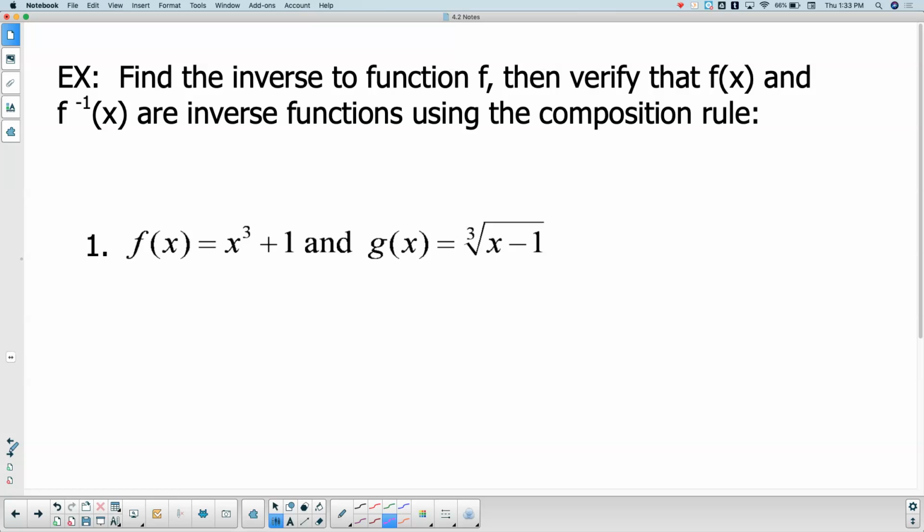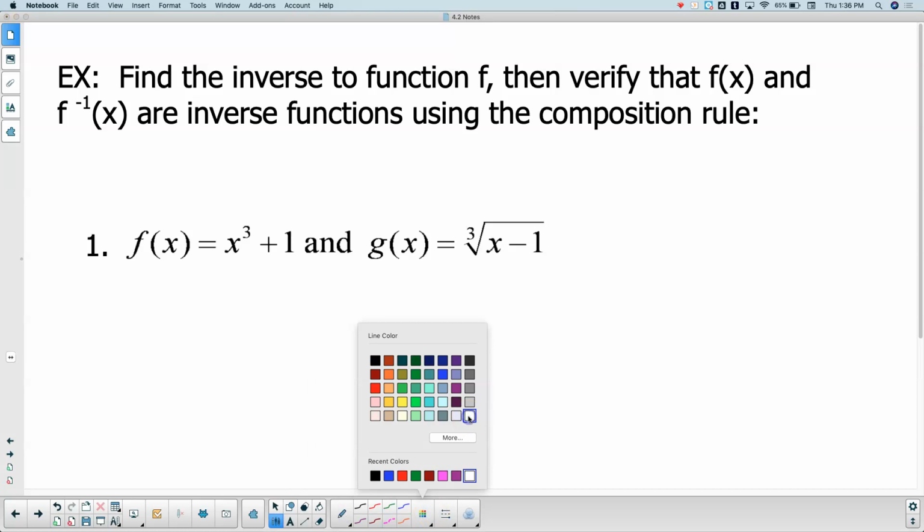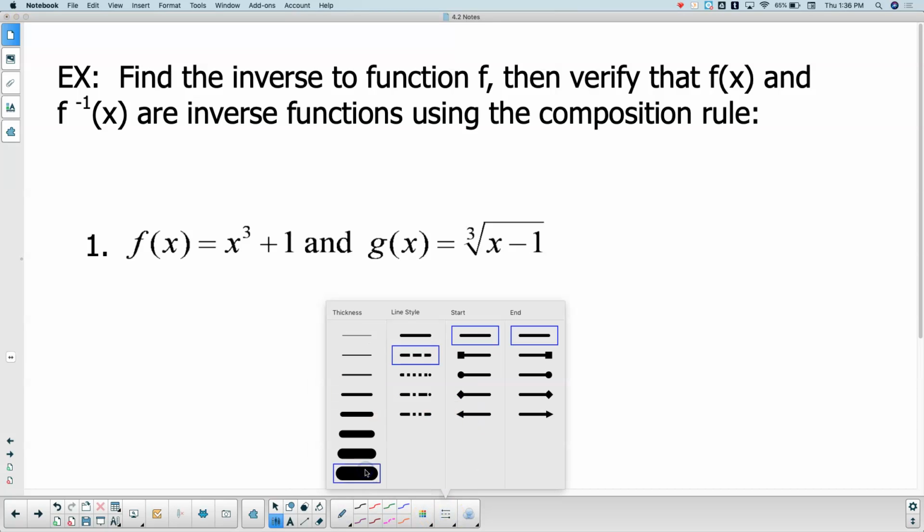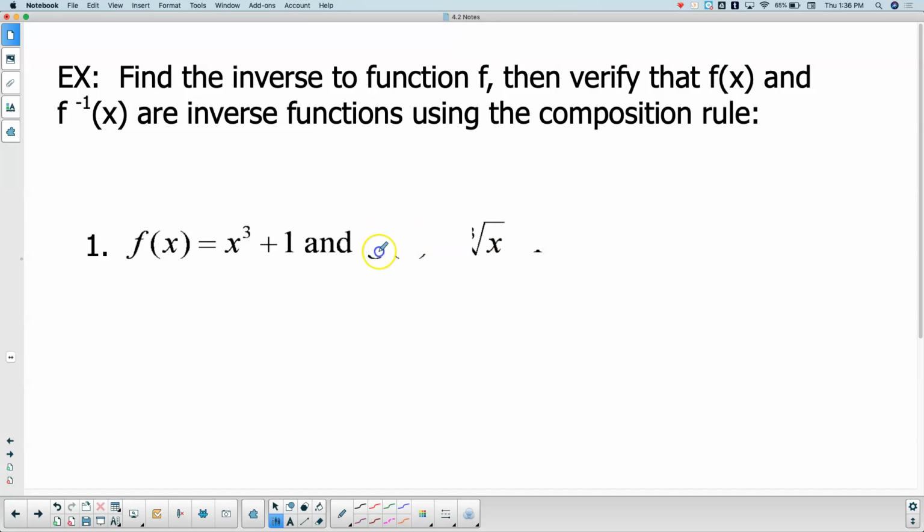What's up? All right, so this should be like this. Hold on. It should have just been like that. There we go.